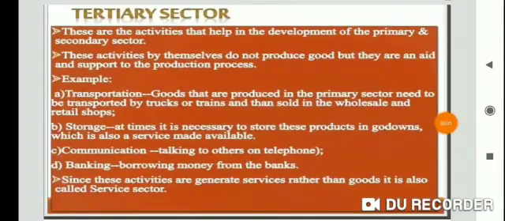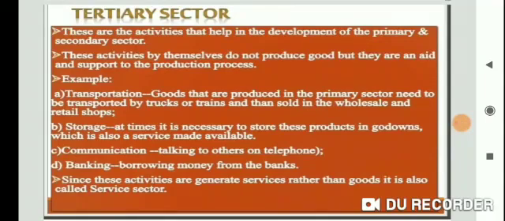Next, the tertiary sector. These are the activities that help in the development of the primary and secondary sectors. Students, in very simple words, tertiary activities include production and exchange of services like banking, transportation, communication, teaching and nursing.